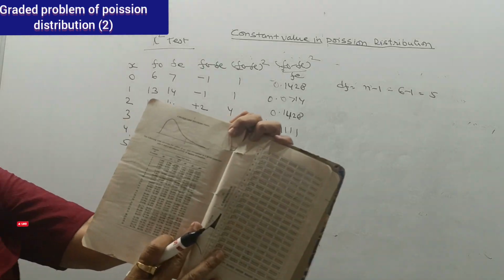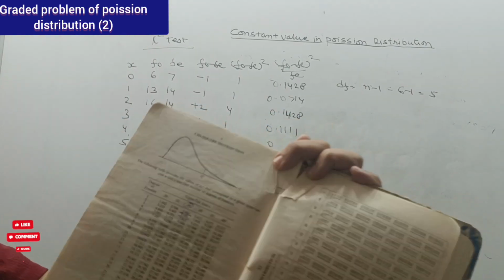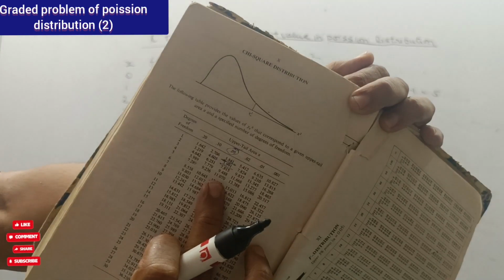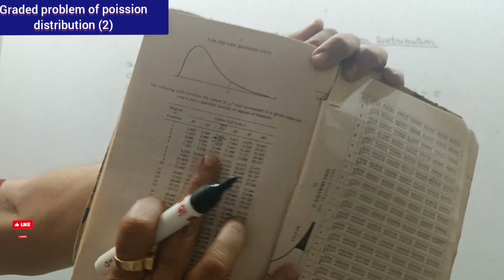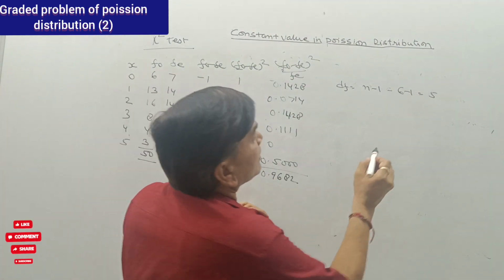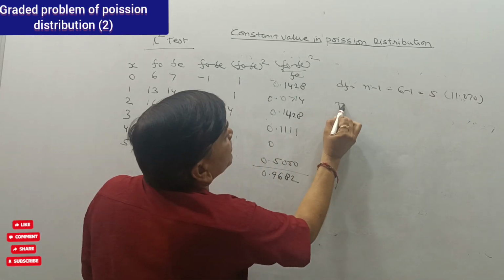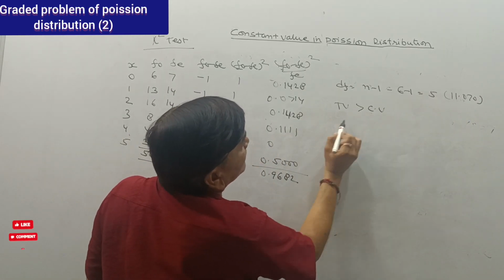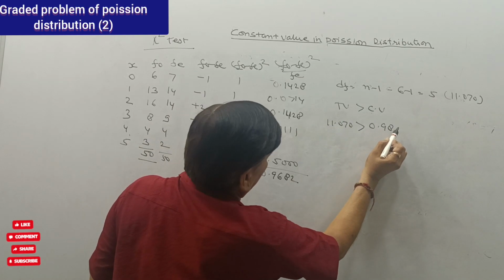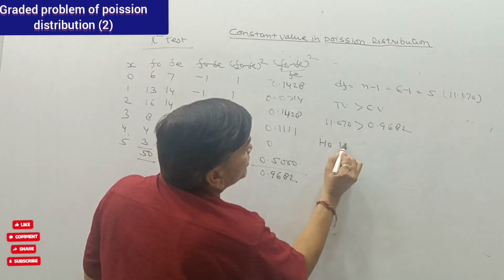This is the chi-square table, and for 5% significance level and 5 degrees of freedom, the value is 11.070. So the table value 11.070 is greater than the calculated value 0.9682. It means H0 is true.